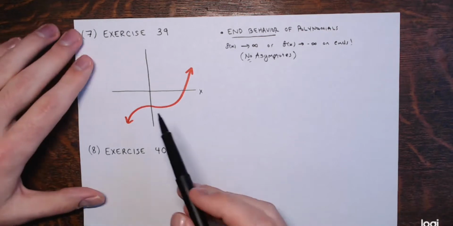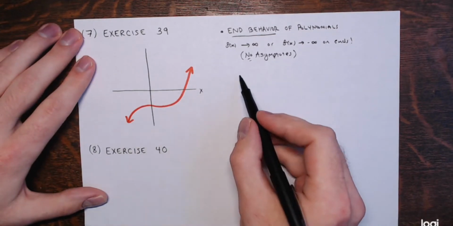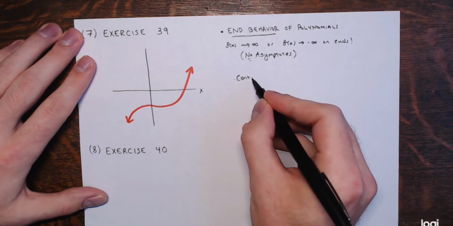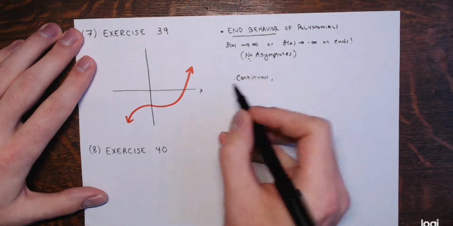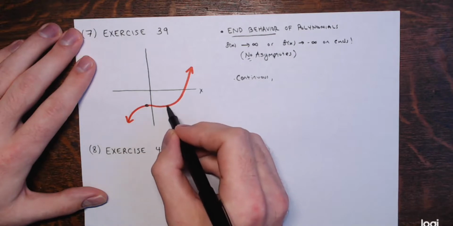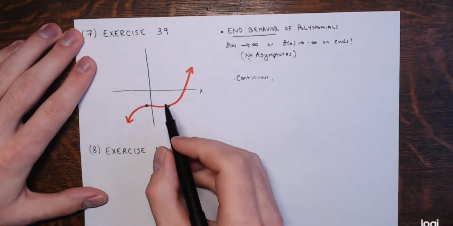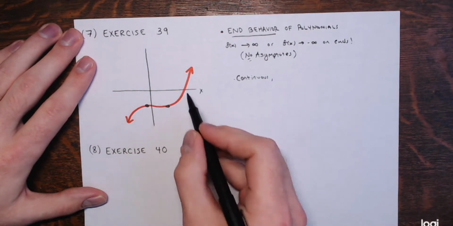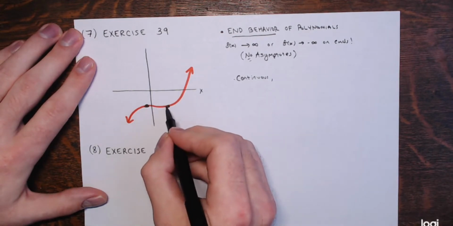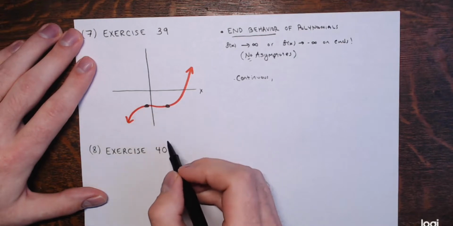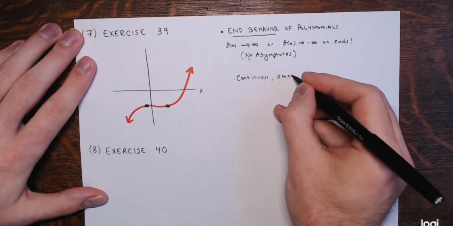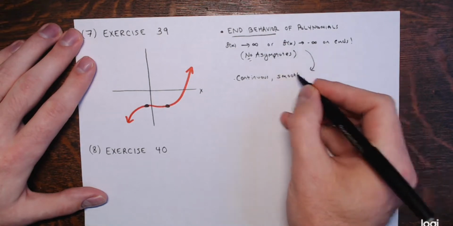So I'm saying here it's continuous. It's smooth. The turning points, there are 2 of them. I know it's kind of faint here, but this is increasing, then decreasing, then increasing again. So we've got 2 turning points, but those turning points are at very rounded corners. They're not sharp turns. So it's continuous and smooth, and also you have no asymptotes.